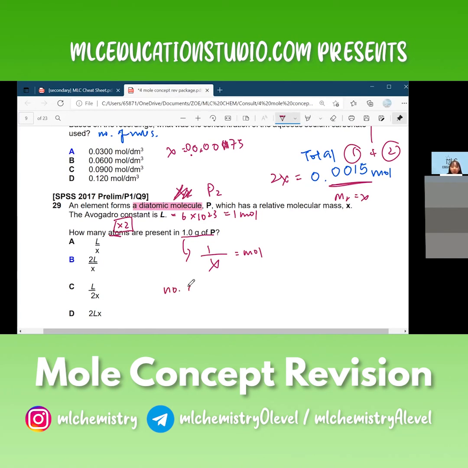Okay, so number of molecules should be 1 over X, number of moles, times Avogadro constant L. But number of atoms, okay, this is a molecule. This is 1. It's bonded. This is called molecule.